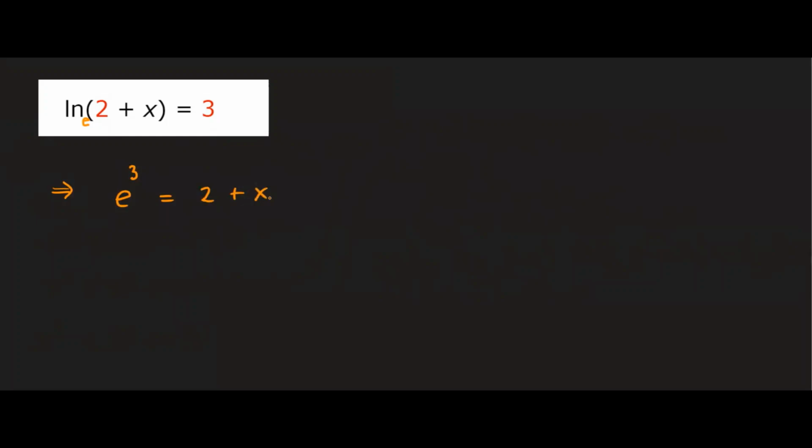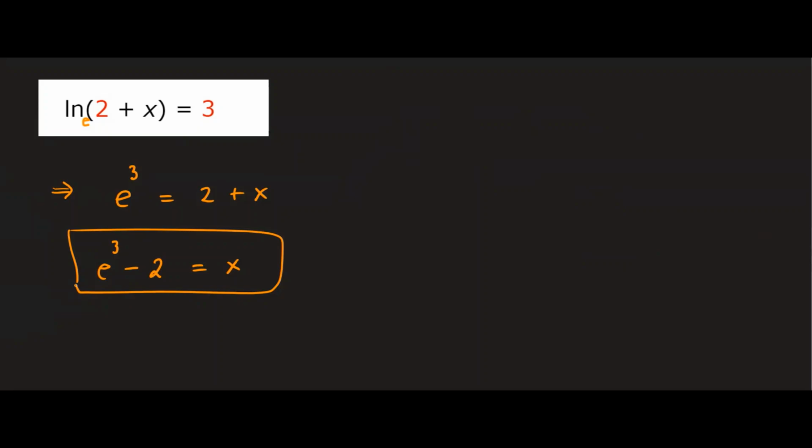Then we can solve for x by subtracting 2. For e to the third, of course, you need a calculator, but we're not going to use it. We'll just leave it as e to the third power. So it's e to the third minus 2 is equal to x. That's good enough if you're solving without a calculator. But if you have a calculator, go ahead and plug this in and that'll be your x value.